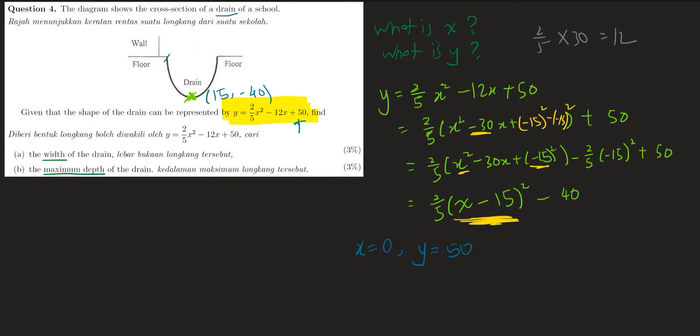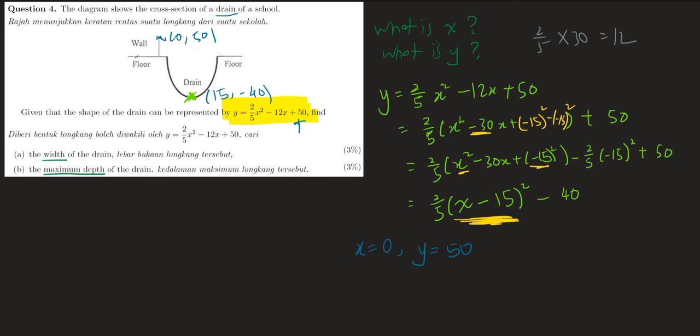Now, it doesn't make sense to put 0, 50 here, because if 50 is here, negative 40 is here, y equal to 0 is somewhere in the middle. It just doesn't make sense for us to define this way. So it means that 0, 50 must be somewhere higher, maybe at the top of this wall. I'm guessing that's why they give us the wall.